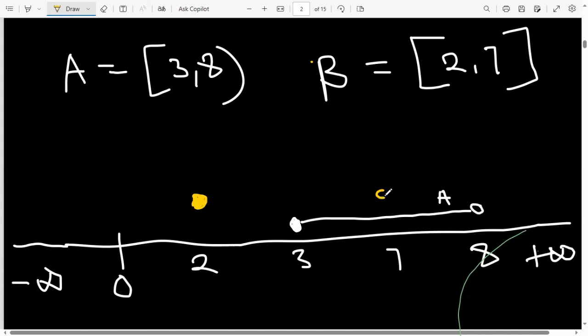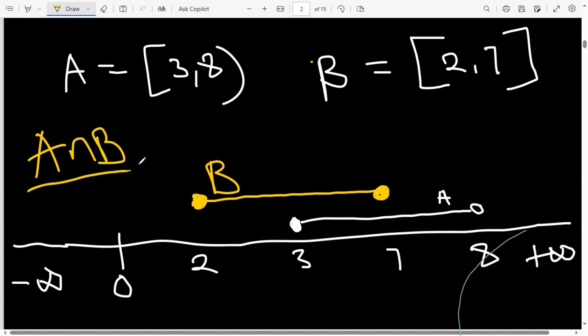Okay, and then I'm also going to shade just above the 7 here. I'm going to shade it like that. And then I'm going to draw a line like this. Okay, so this is set B. Okay, so now remember, we want to find A intersection B. Okay, so A intersection B means that we are looking for those elements that are common in both A and B. So how are we going to find them?